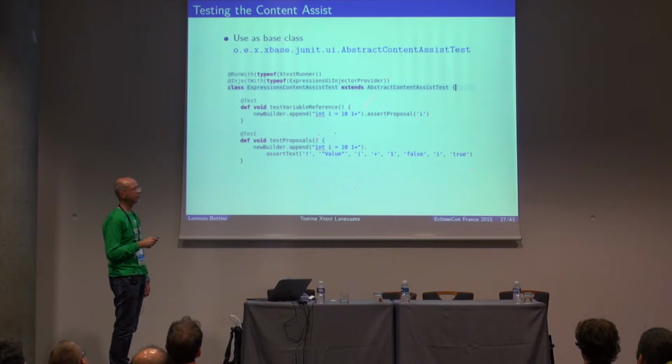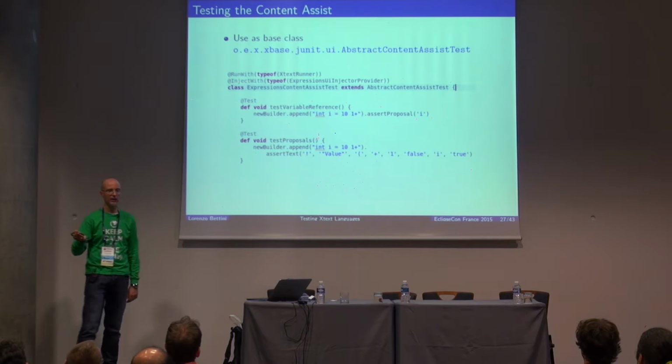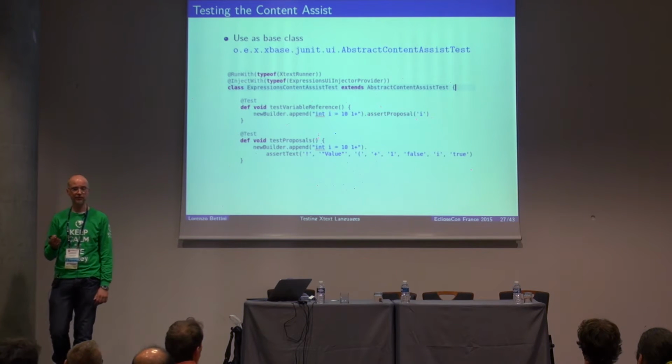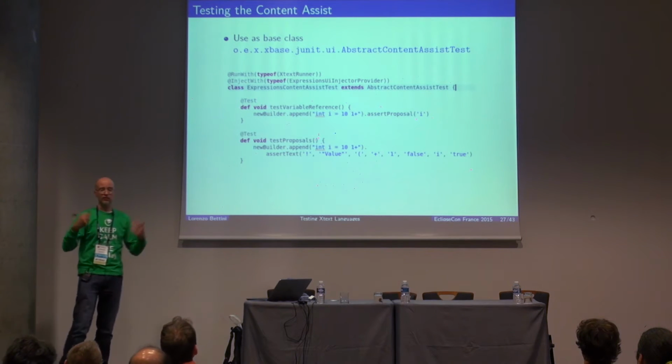You see? I can also do more. I can also assert that all these values are proposed by the content assist. So now I need a running workbench, but again, I'm writing JUnit tests. So I'm not testing manually.